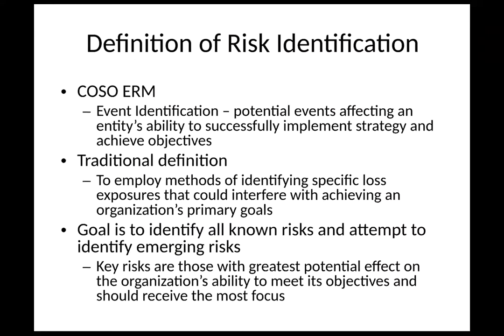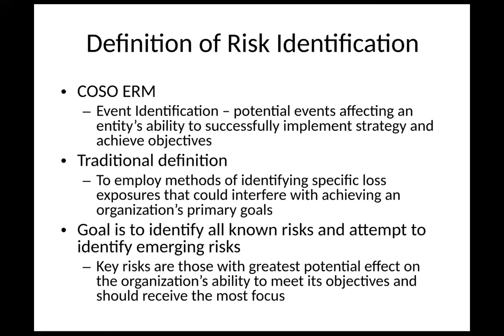Definition of risk identification. What are we really trying to do? Well, if you use the COSO ERM, event identification, you're looking at potential events affecting an entity's ability to successfully implement strategy and achieve objectives. If you remember back from a couple chapters ago, the focus of ERM or risk management, if we look at the definition, is the effect of uncertainty on objectives.